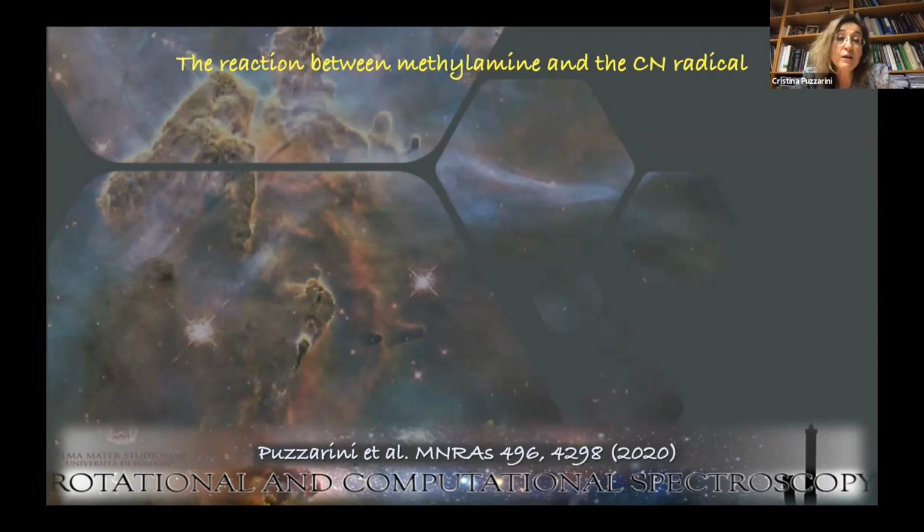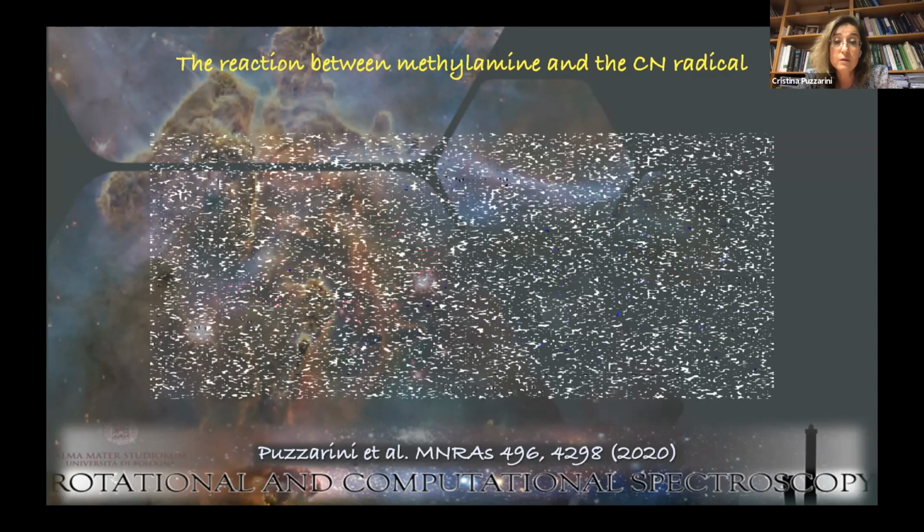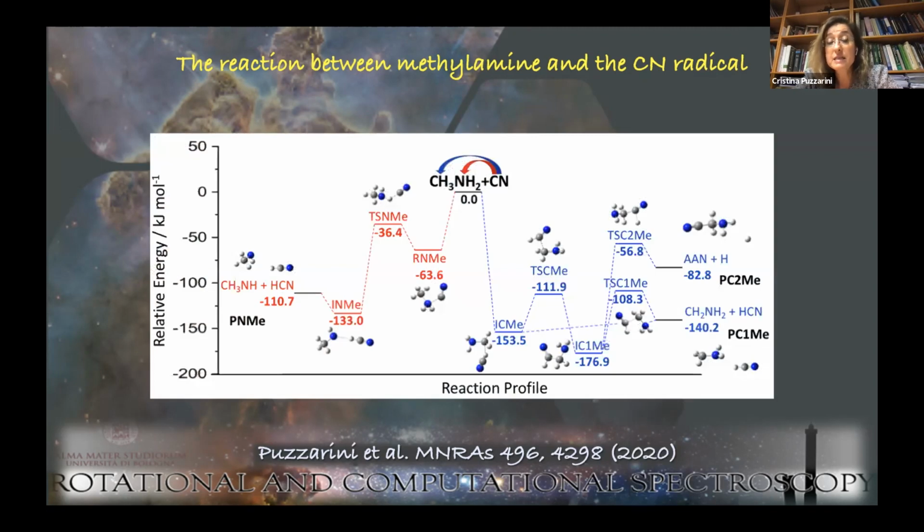This is the reaction between methylamine and the CN radical. We investigated this reaction because we hoped to produce aminoacetonitrile. You see, all the barriers are submerged, so the path is open, but there are two more stable products. So it is not such an interesting reaction mechanism to form aminoacetonitrile.